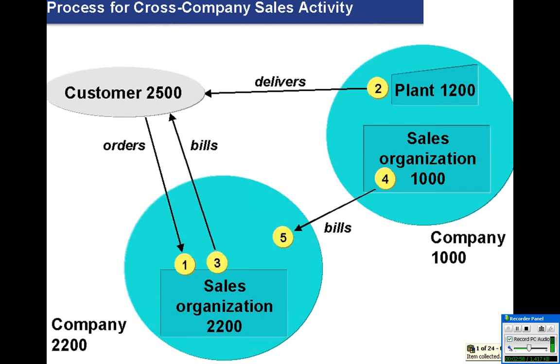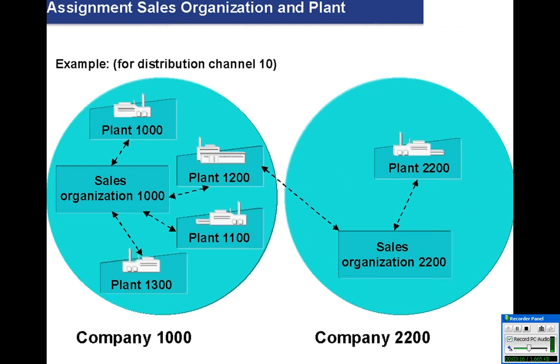The system will generate an invoice, and we will create another invoice of IV type. That will be the intercompany invoice. First process step is to create a sales order from this customer to our sales organization.